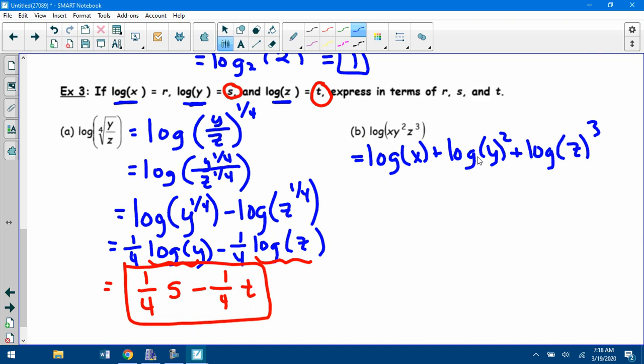And again, don't fall into the trap of writing s squared here. We've got to bring that 2 out front. We've got to bring that 3 out front. So this is log of x plus 2 log of y plus 3 log of z.